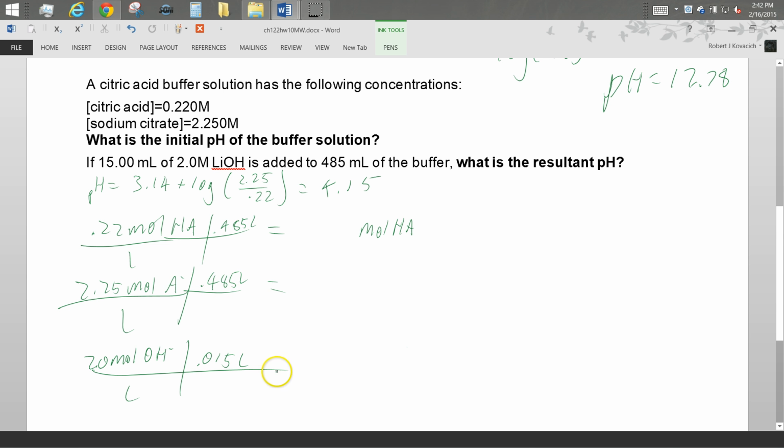And so that's going to equal 0.03 moles of OH. And it's going to equal 0.22 times 0.485. 0.25 times 0.485. So I got 0.1067 and then 1.08 moles HA.